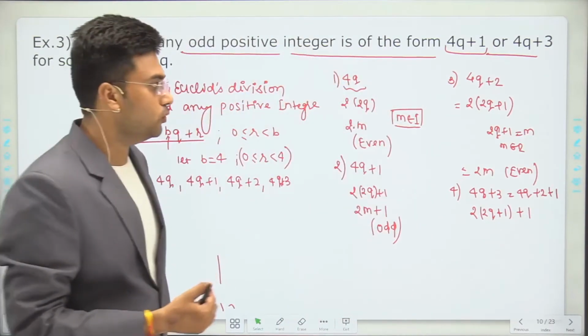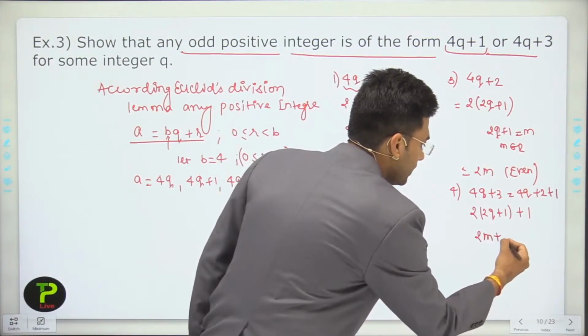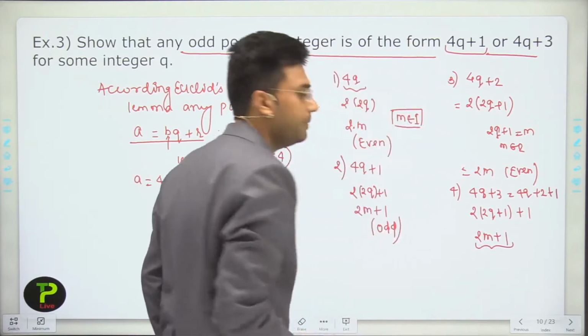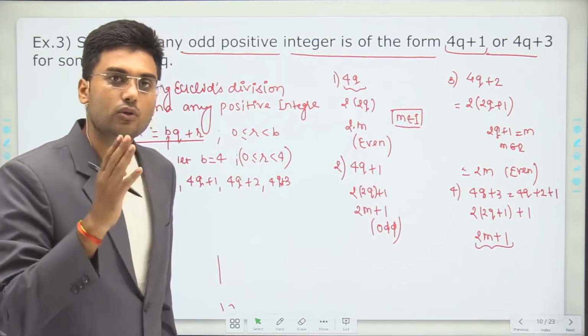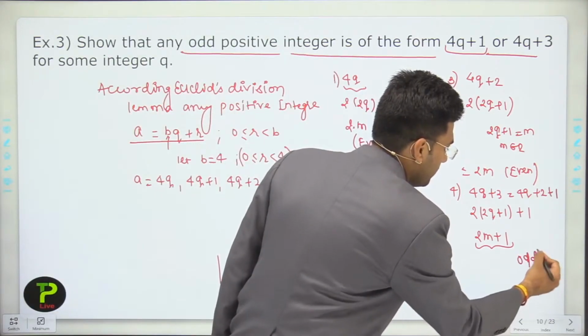Let's assume 2q plus 1 as m, so we will get 2m plus 1. Again when we divide it by 2, we will get 1 as a remainder, so this number is an odd number.